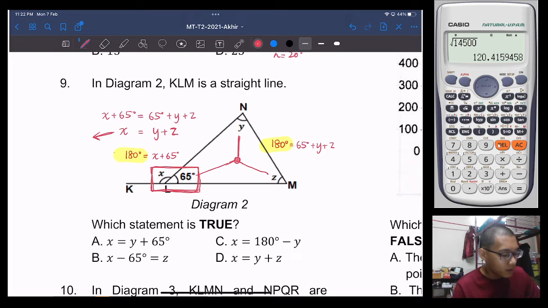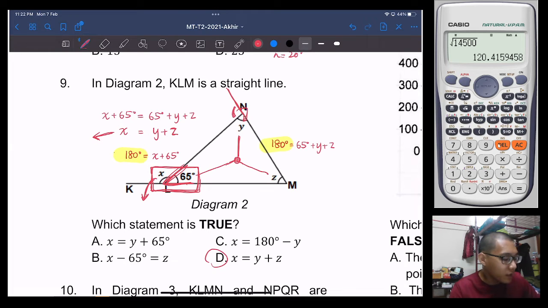x is the exterior angle, right? Exterior angle of a triangle. There is another exterior angle for this triangle, exterior angle for this angle 65, exterior angle for NLM. Because here we have different values for exterior angle, we need to base it on which interior angle.